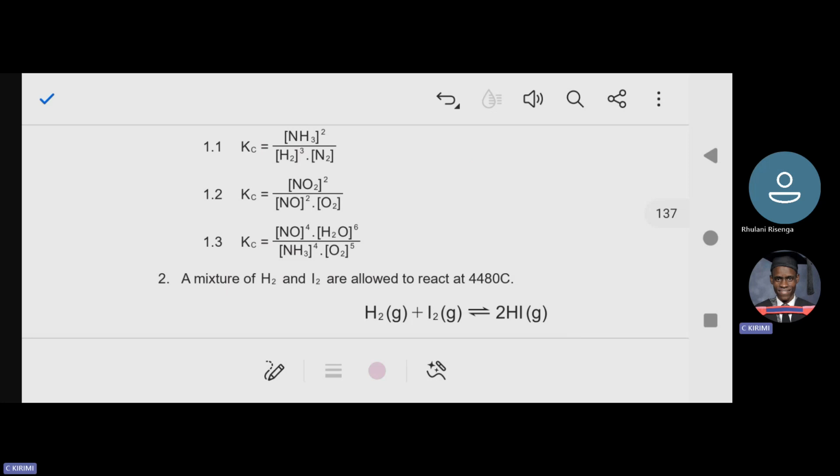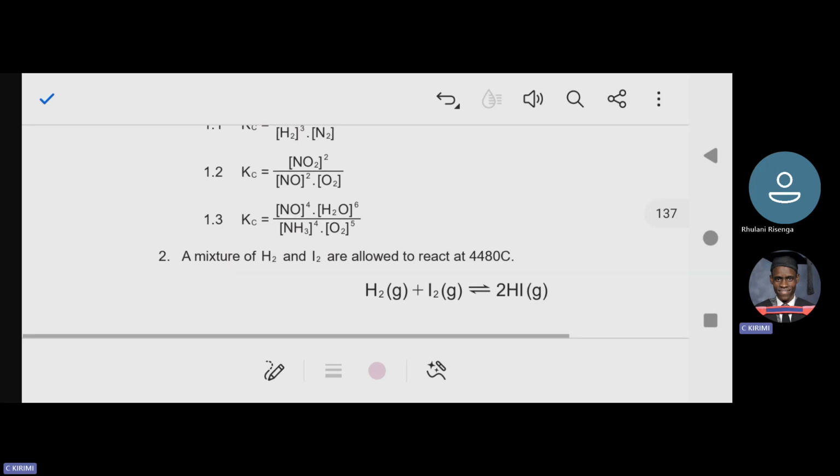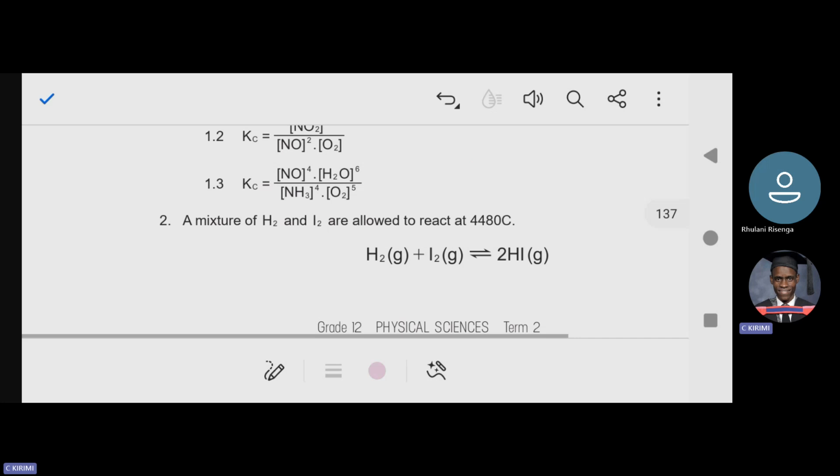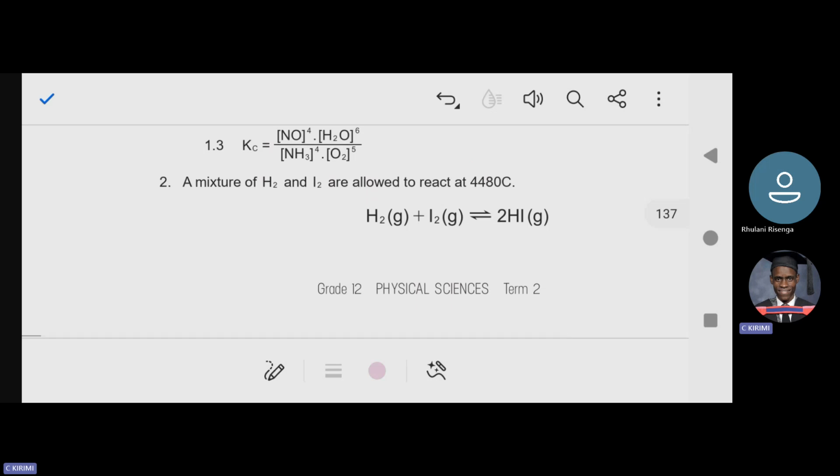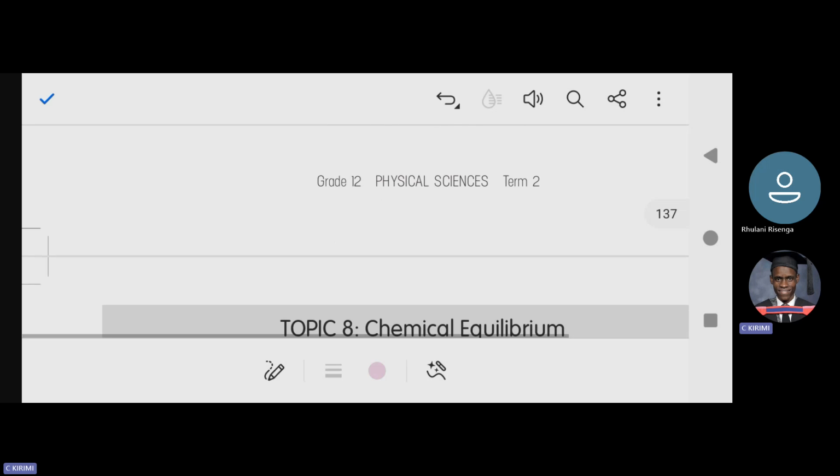So a mixture of hydrogen and iodine are allowed to react at 448 degrees Celsius. They did not write the temperature correctly. Hydrogen plus iodine to give 2 HI, which is hydrogen iodide.